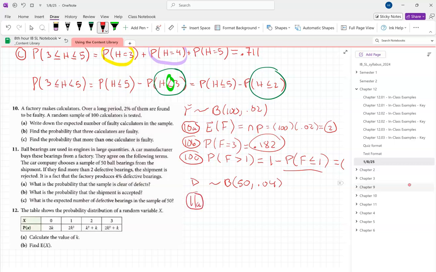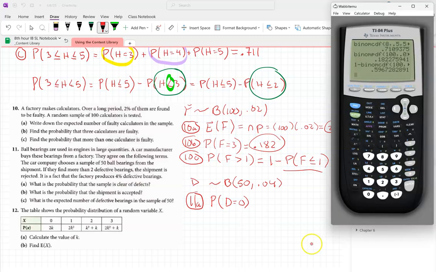Okay. So 11A, what is the probability the sample clears the defects? Or is clear of defects? What does that mean? The probability that D is equal to 0. It is clear of defects, meaning it has no defects. Everybody's okay with that?